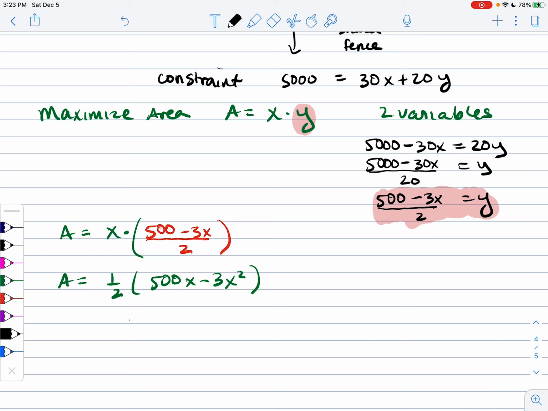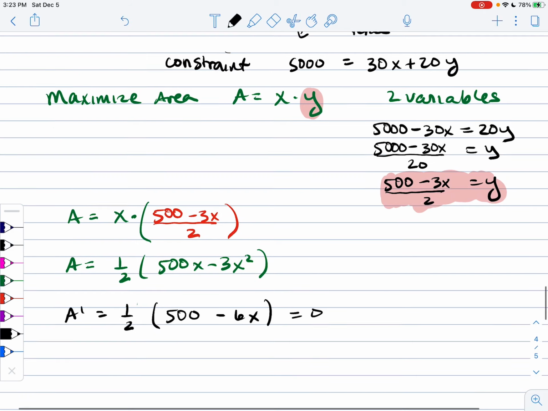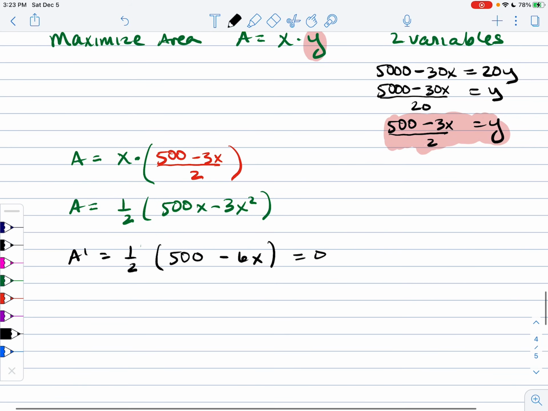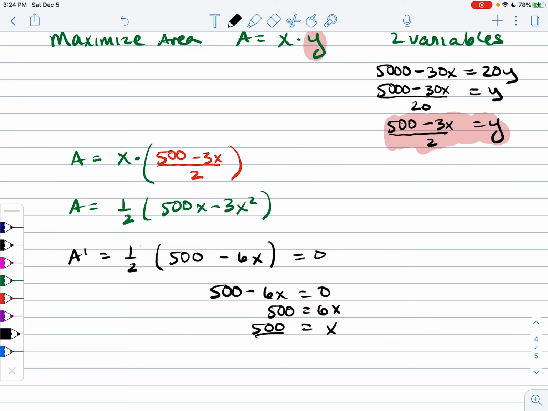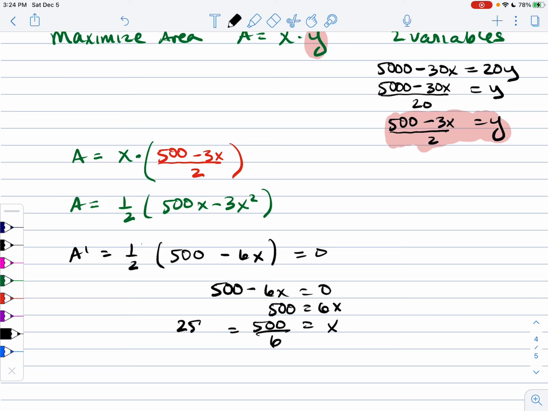So I'm going to take my derivative, and that's going to give me 1/2 times, the derivative of 500x is 500, and the derivative of 3x squared is 6. Good. And now I want to set that equal to 0, right? So this is going to equal 0 when 500 minus 6x is equal to 0, when 500 is equal to 6x, or when x is equal to 500 over 6, or 250 over 3.